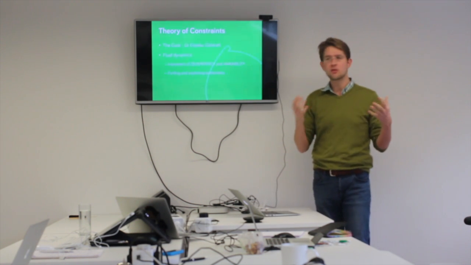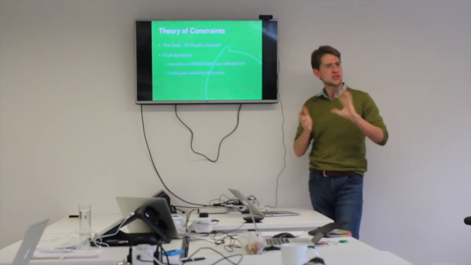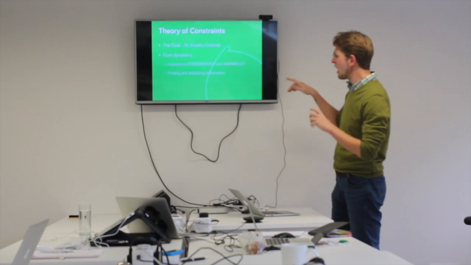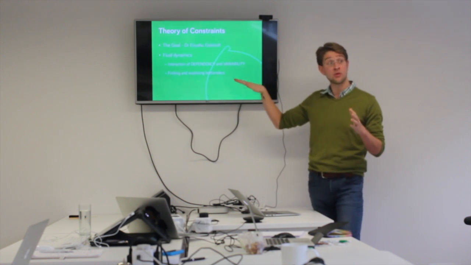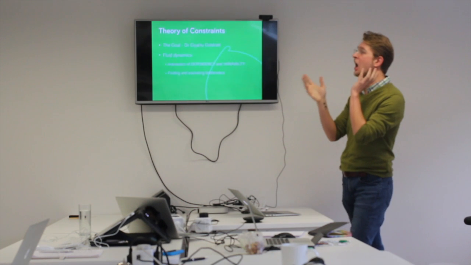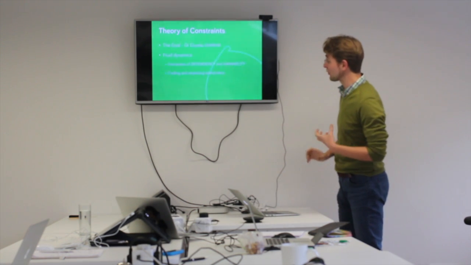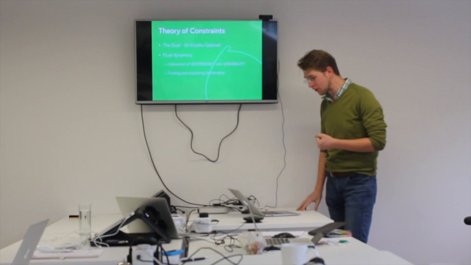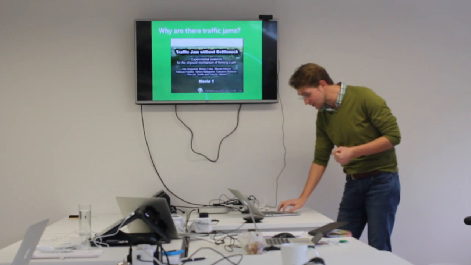Now, for those of you who've studied physics, there's some truths in fluid dynamics that are quite counterintuitive, so we'll come on to those in a second. But the crucial thing that we're looking at here is flows and how flows behave, and in particular the way that interaction, dependency and variability affect flows. So that allows us to find and exploit bottlenecks. So this is how it's an application of fluid dynamics.